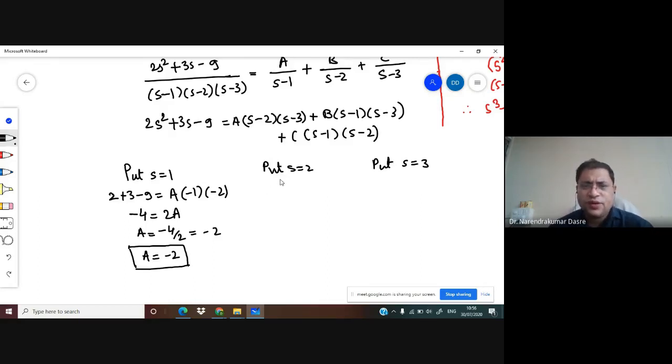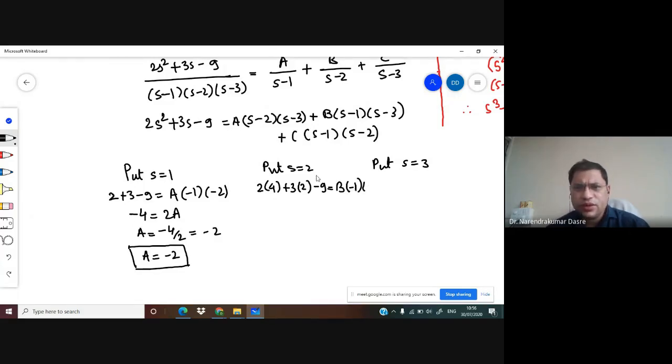Now we have to think of this B. Okay, so let us see what we are able to get for B. Put S is equal to 2. So it is 2 into 4 plus 3 into 2 minus 9 is equal to. Okay, so you are putting S is equal to 2. So this term will be 0, this term will be 0. We have the term B into minus 1.